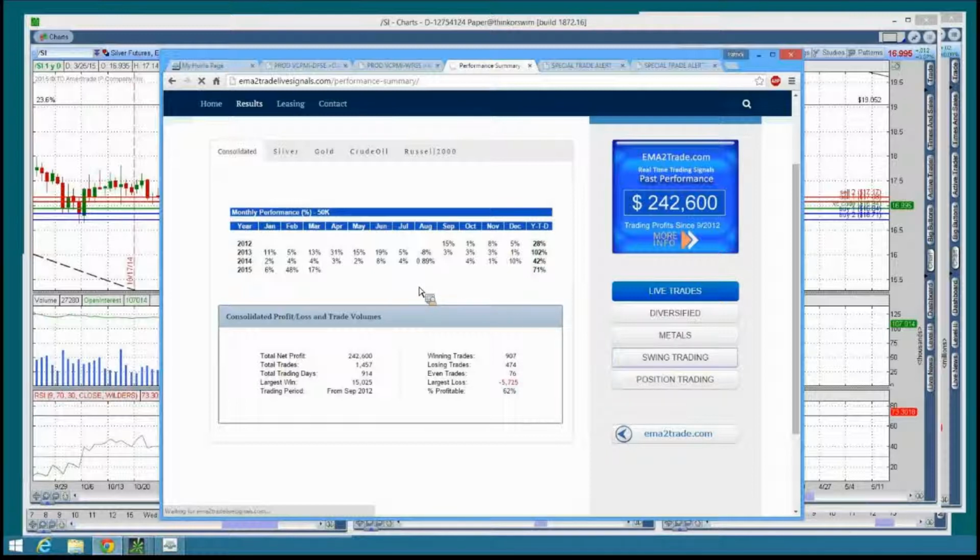And not only do you see the actual tickets that are dated and match the statements on the platform that we use, you can actually see the flow of the results of the trades. And we should be coming up in a minute here.